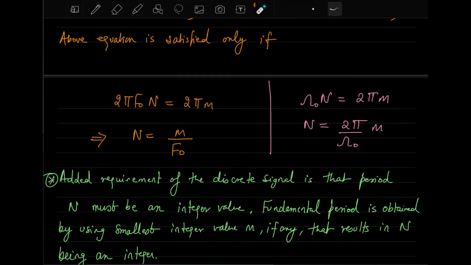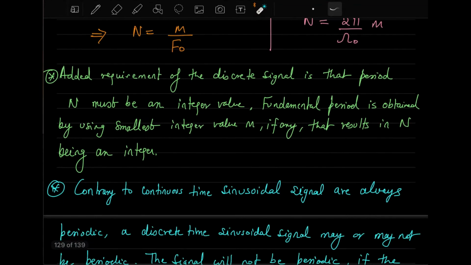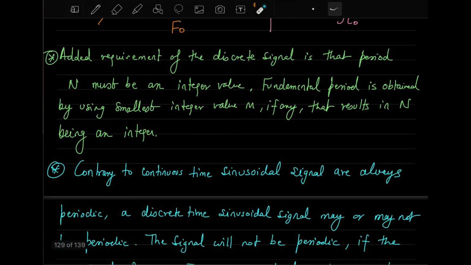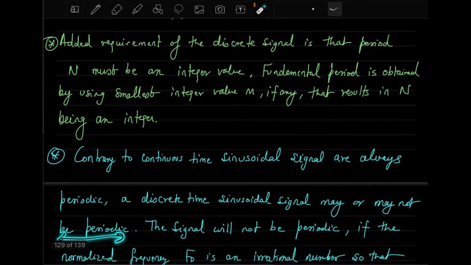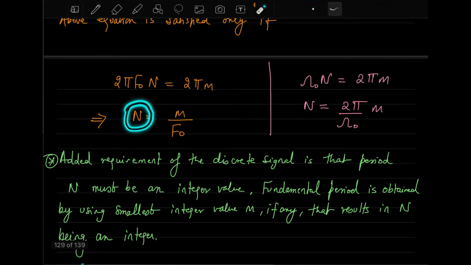Because of this constraint, contrary to continuous time sinusoidal signals, which are always periodic, a discrete time sinusoidal signal may or may not be periodic. It depends upon the fundamental period N that you get from a discrete time signal.